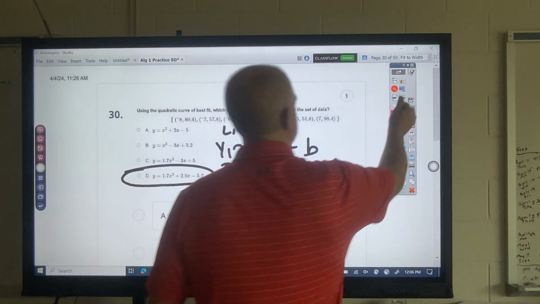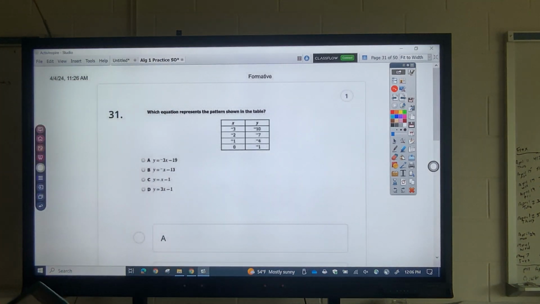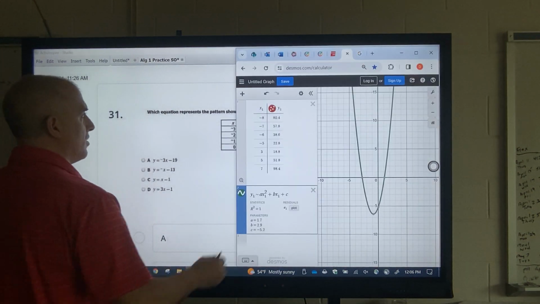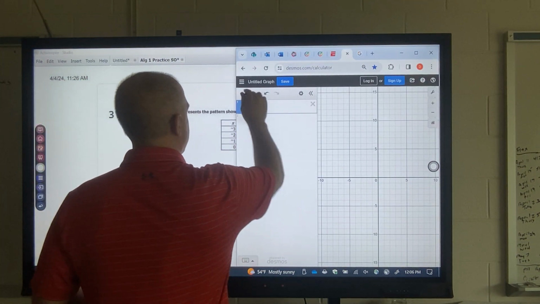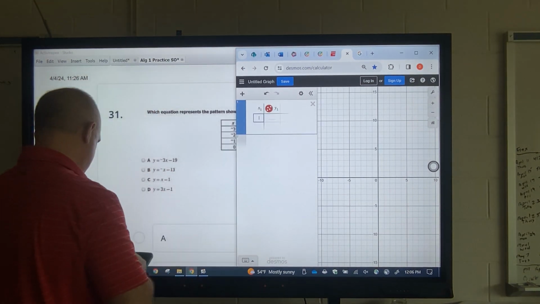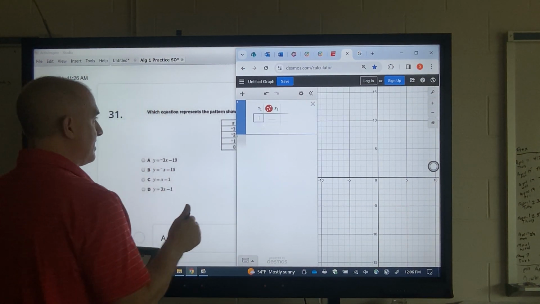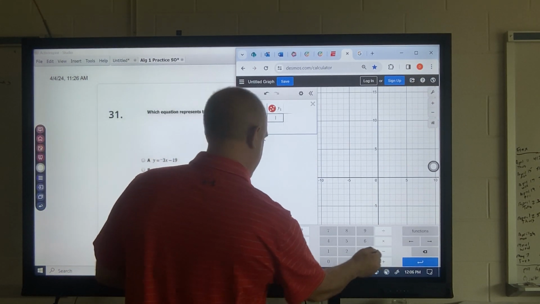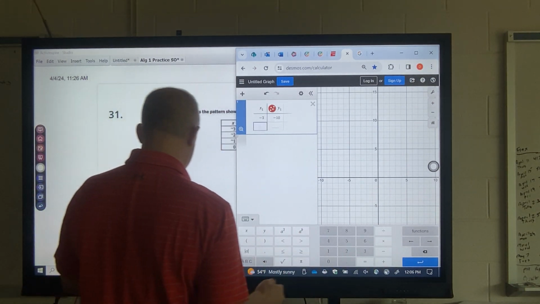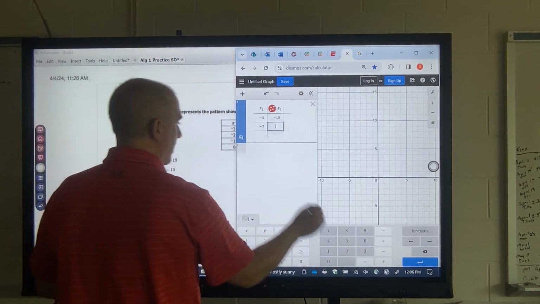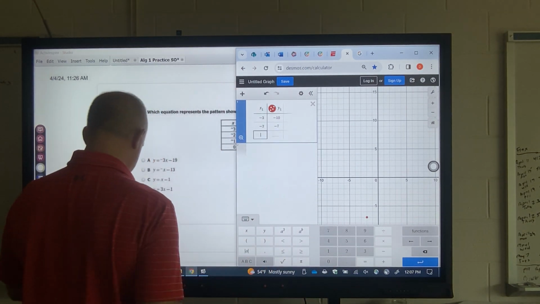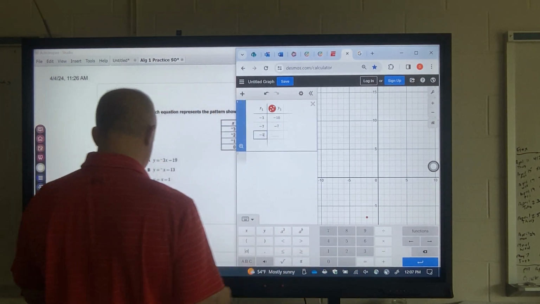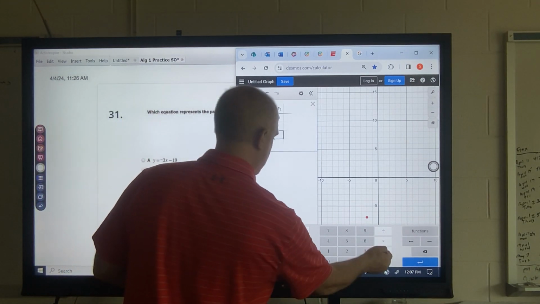Okay? This is another one of the tables. So I want to start this over again. I want to make a table. When I make that table, I got -3, -10. I got -2, -7. I got -1, -4.